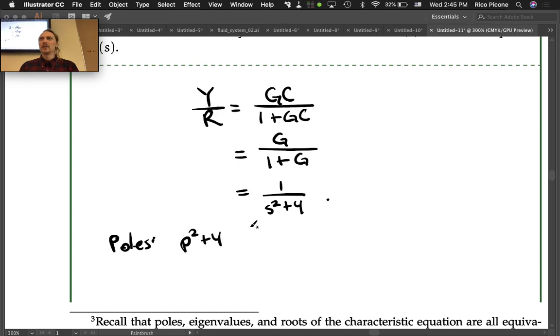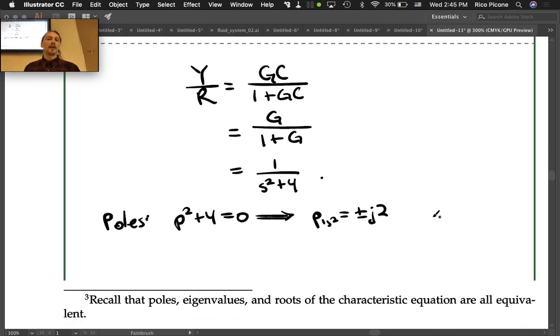You could just use s if we wanted. That's fine. So we want to find out where the poles are, which is where the denominator is 0, which is where the transfer function blows up to infinity, right? Those are the poles. And that gives us the solution for our two poles, p1 and p2, being plus or minus j2. Okay, so they're on the imaginary axis.